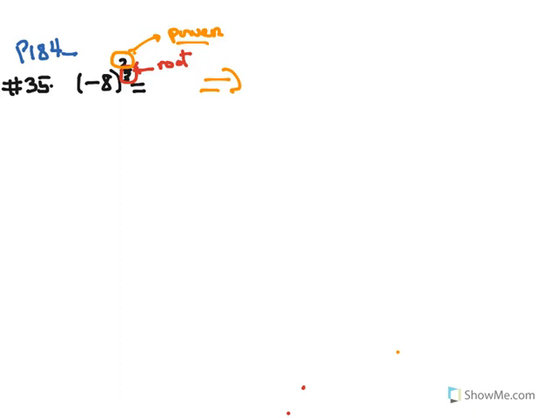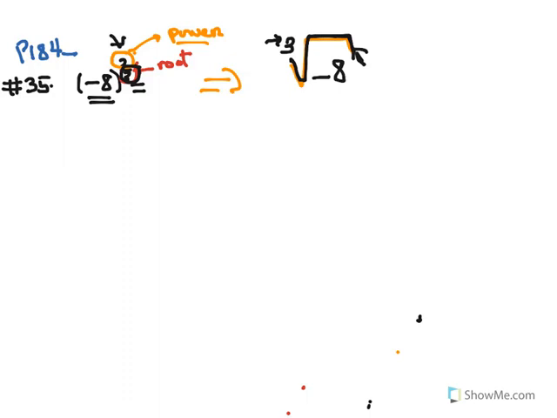Let me write a radical. I'm going to do it in black so you can see it. So we have the radical, and this number right here is going to go right under the radical. The root is what is in the bottom of the fraction, so this is the third root, and the power is this number.